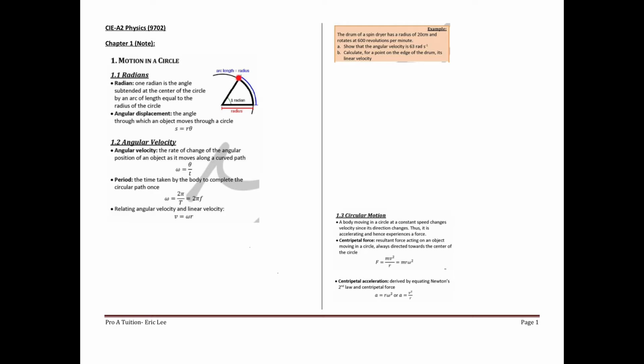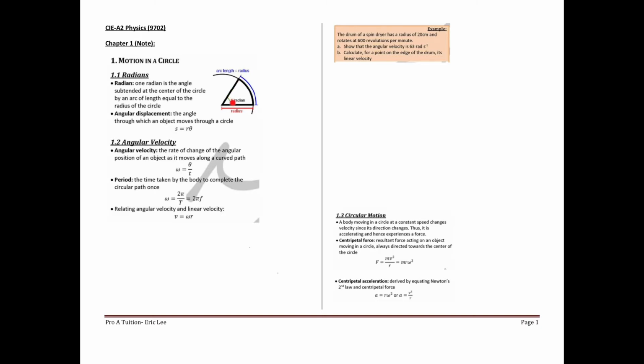In order to understand the meaning of 1 radian, let us look at the diagram here. You can see the arc length is the curve over here, and let's say the arc length is 3 cm, and this is the radius of the circle. If the radius is 3 cm as well, this is where the arc length is equal to the radius.